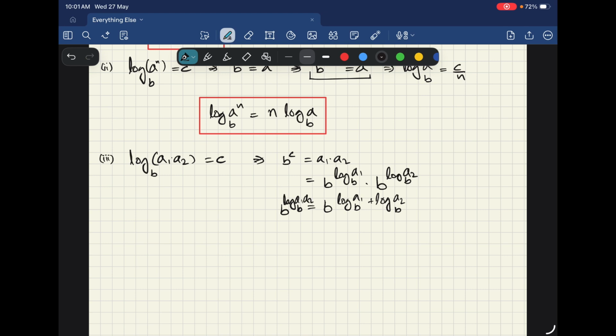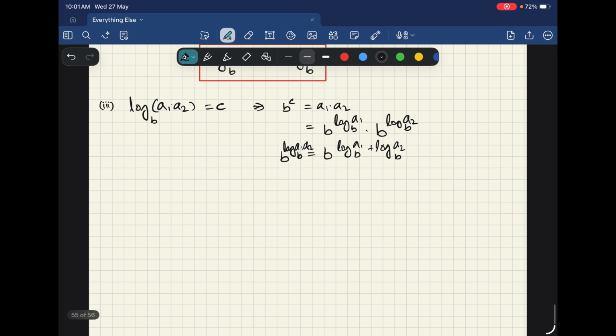Well, since the base is the same, I can just remove the base and compare the powers. So the powers are log a1 a2 base b is equal to log a1 base b plus log a2 base b. Well, let me write it here.